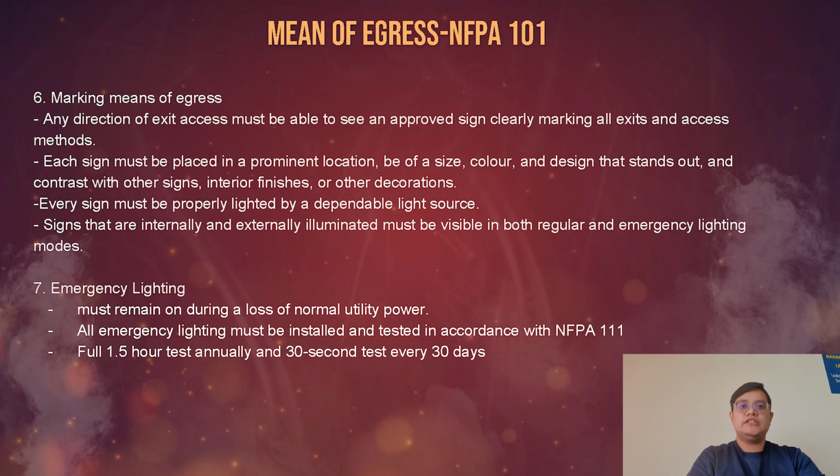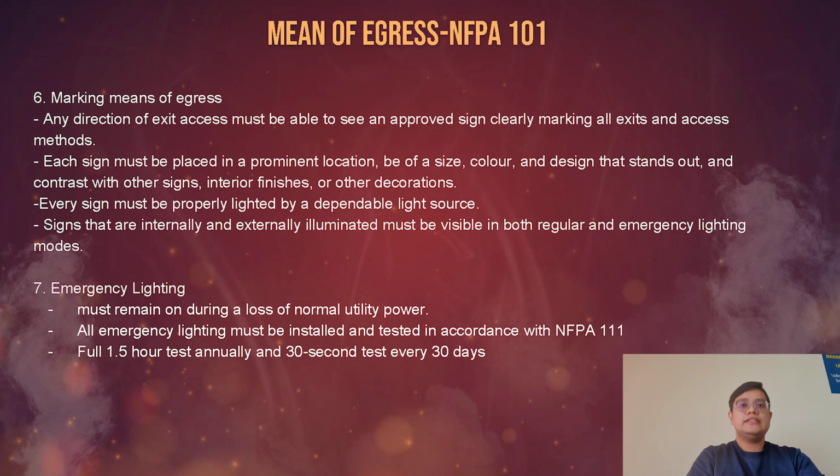Each sign must be placed in a prominent location, be of a size, color, and design that stands out and contrasts with other signs, interior finishes, or other decorations. Every sign must be properly lighted by a dependable light source. Signs that are internally and externally illuminated must be visible in both regular and emergency lighting modes.